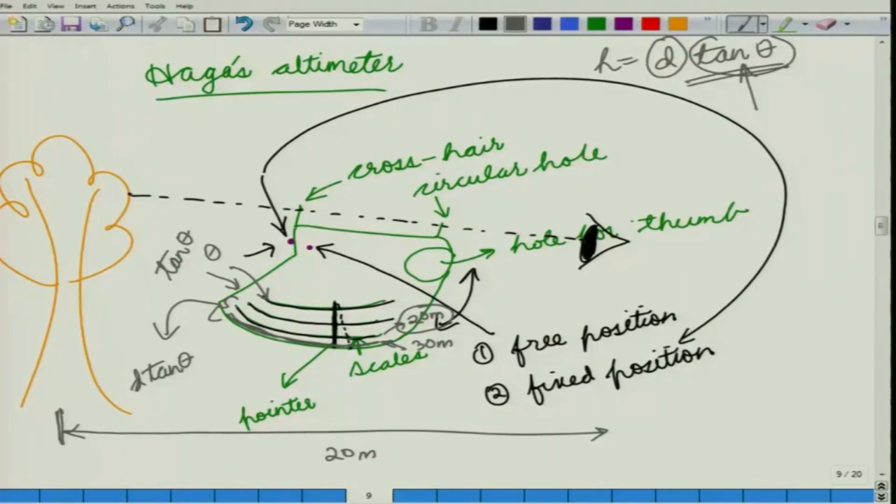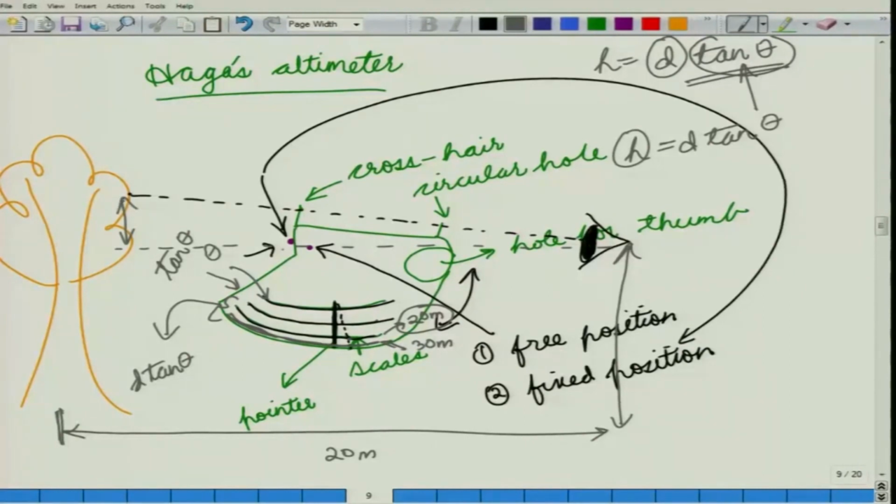Now, this height would be the height of the portion of the tree that is above your eye level, and you can add your height to it to get the height of the tree. So, basically what you are getting is d tan theta, which is this small h.